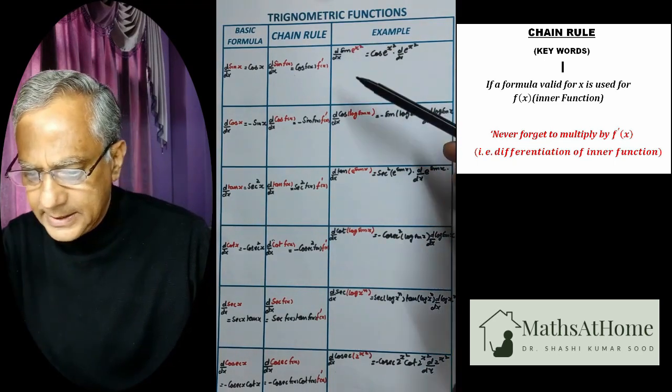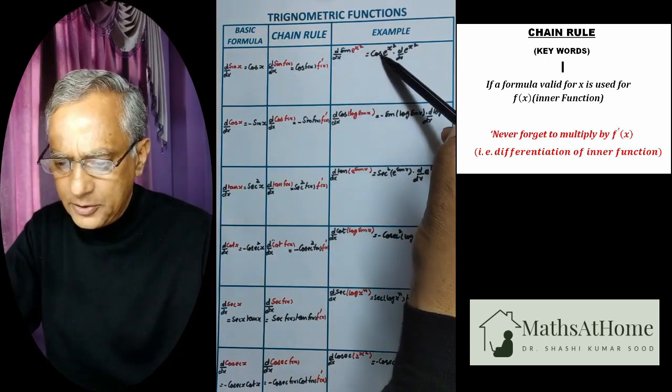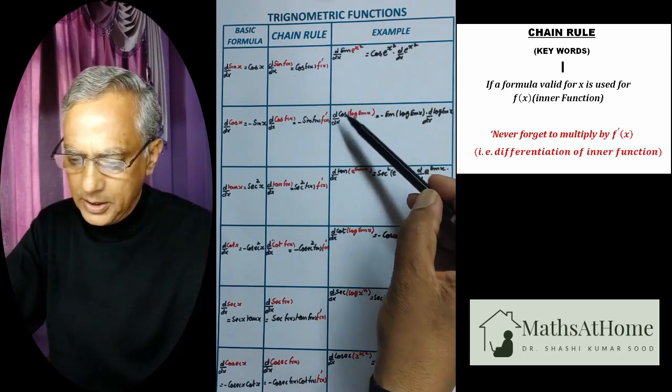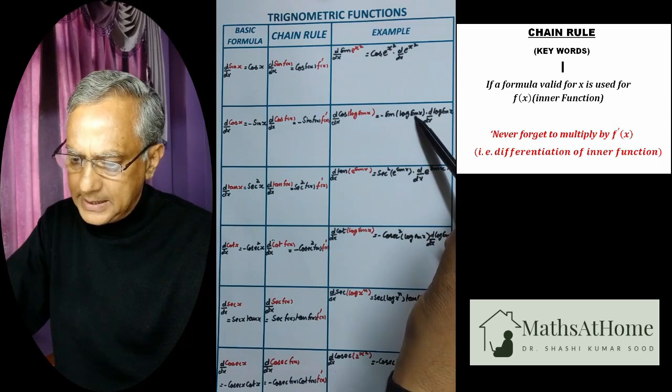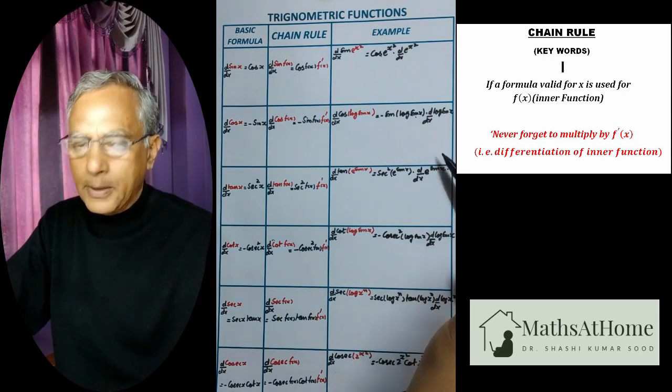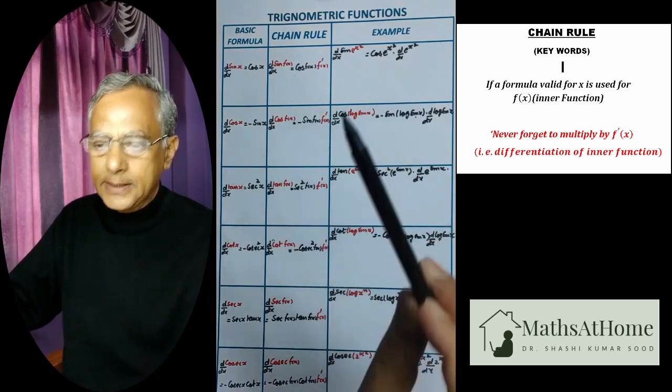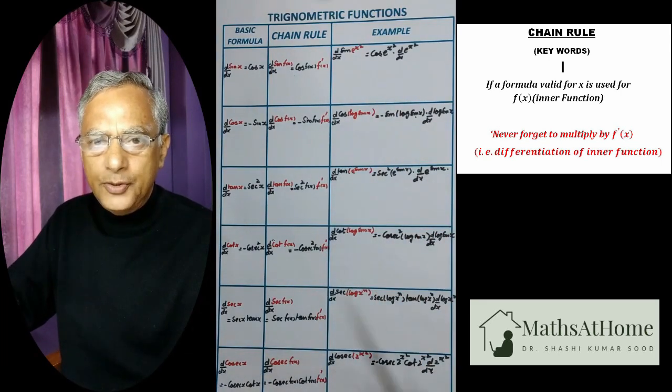Now in all these cases what we have done is, differentiation of sine is cos and we have multiplied by the differentiation of the inner function. Differentiation of cos is minus sine fx and we have multiplied by the differentiation of the inner function. In all these cases, this is the application of chain rule.